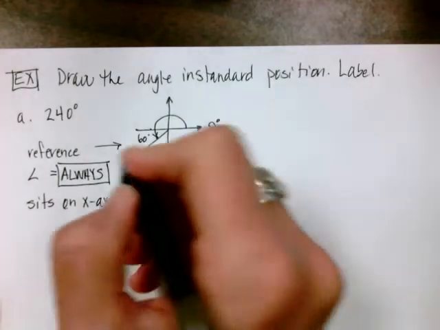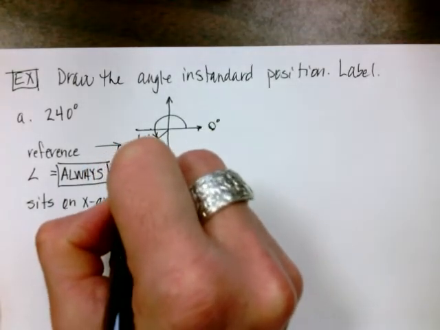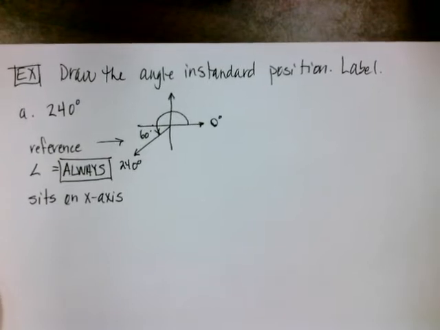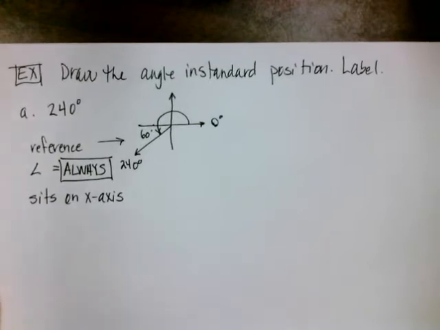And then I'm going to put my 240 degrees out here, showing that that terminal side has a measure of 240 degrees. So if you have to draw an angle in standard position, these are my expectations.